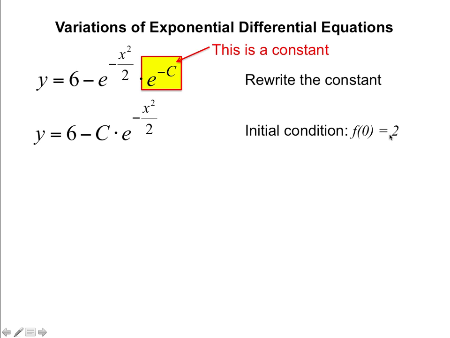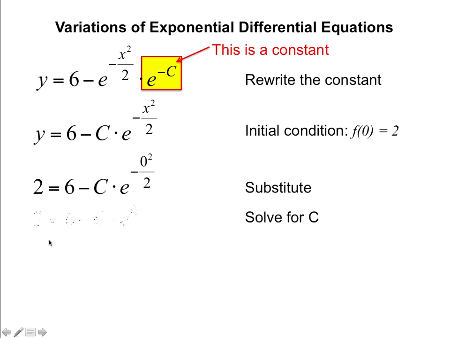If we have an initial condition when x is 0, y is 2, we can find the value c here. So I'm going to substitute that in. I'm going to put the 2 in for y and the 0 in for x. e to the 0 is 1. So I'm going to end up with 2 equals 6 minus c. When I solve that, bring the c over and bring the 2 over, c's got to be 4.